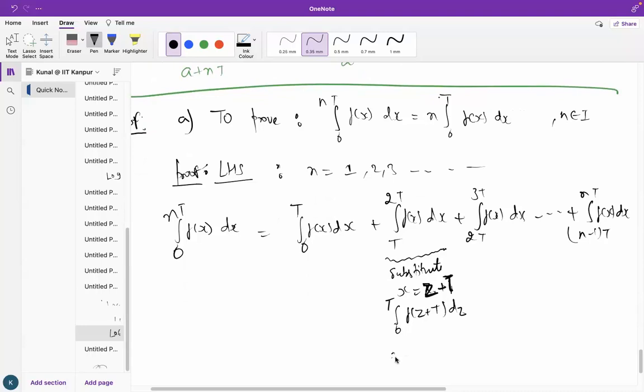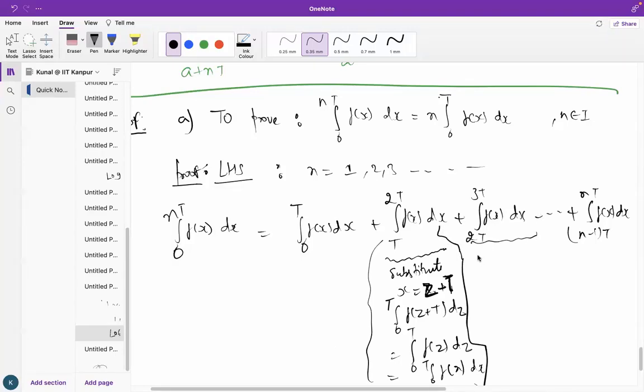So it's also equal to the integral from 0 to T of f(z) dz, which is also equal to the integral from 0 to T of f(x) dx, because a variable can be written in any form, which doesn't affect our integral. So no harm in doing this. For the next term, substitute x equal to k plus 2T. Again we get the integral from 0 to T of f(k) dk, which is also equal to the integral from 0 to T of f(x) dx.